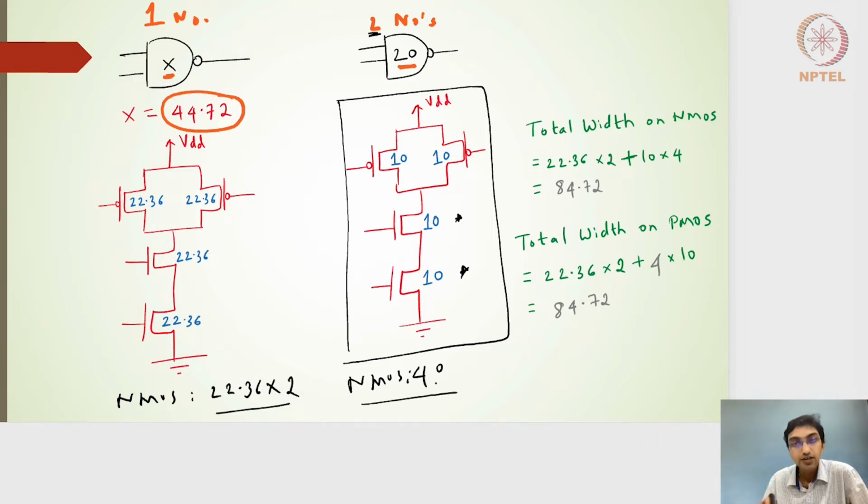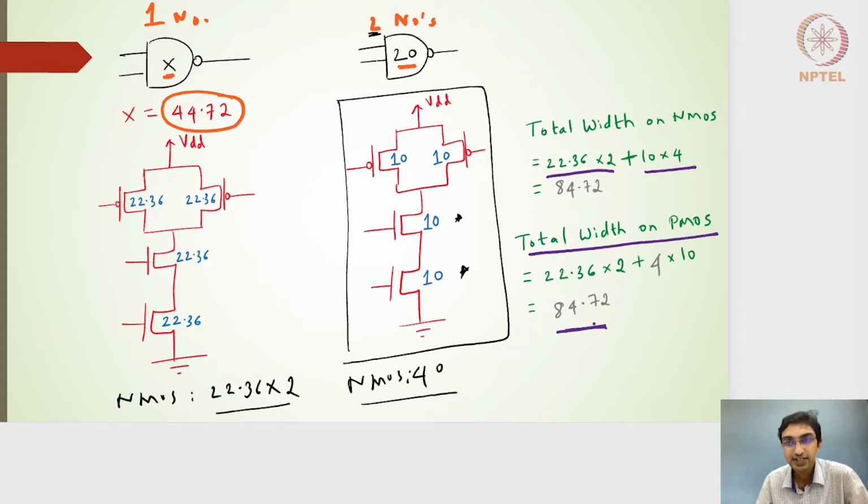All right. So the total width on the NMOS side turns out to be 22.36 multiplied by 2 plus 40, which is nothing but 10 into 4. 84.72 is the total size on the NMOS side. And then similarly, we can find the total width on the PMOS side, which is nothing but 22.36 multiplied by 2 and then 10 multiplied by 4, so 84.72.